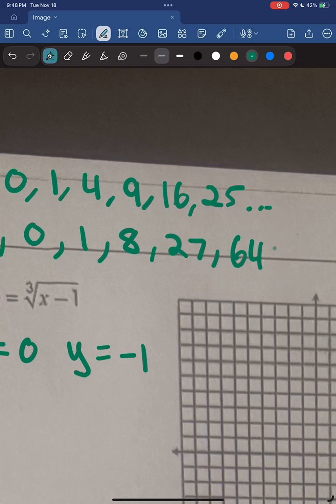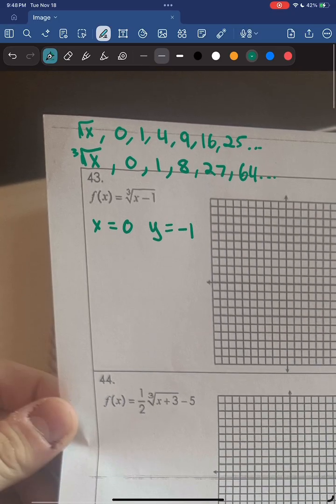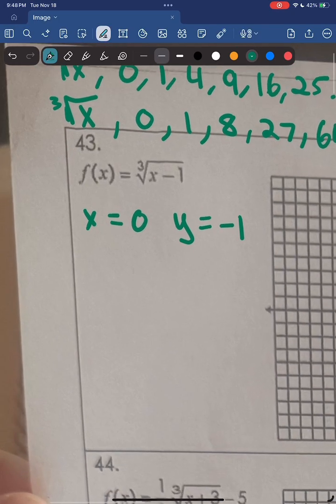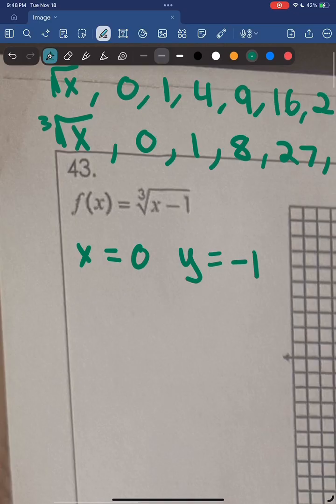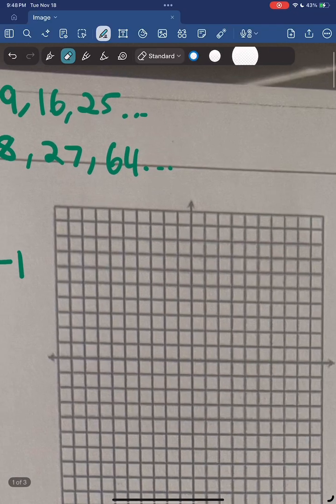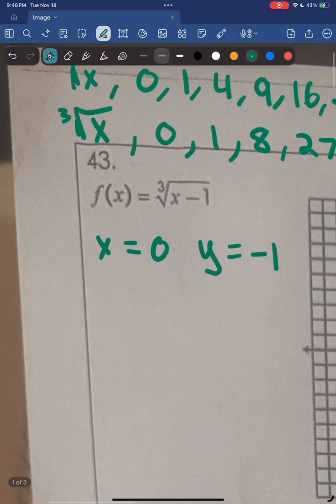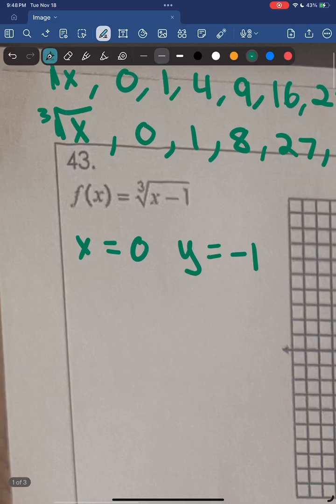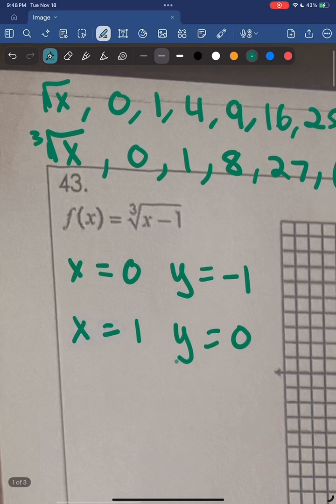So, for this one, remember, we just do easy values, and this only goes up and across by 10. So, we got to make sure whatever we plug in is able to do that. So, let's do x is equal to 1, which is going to give us y equal to 0. Now, we could try to get to 8, right?